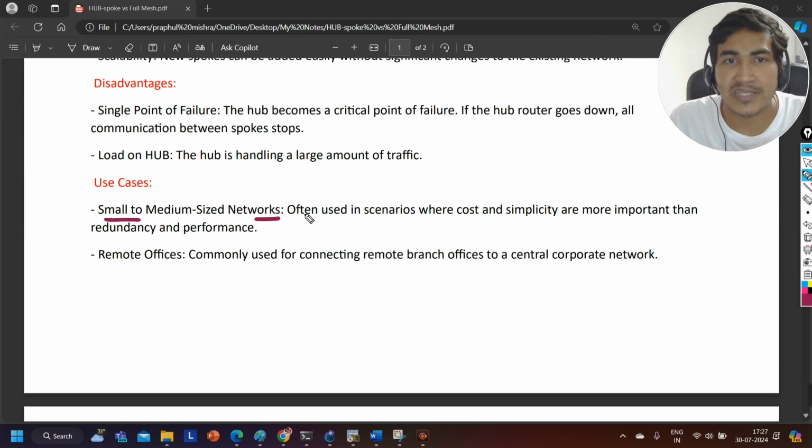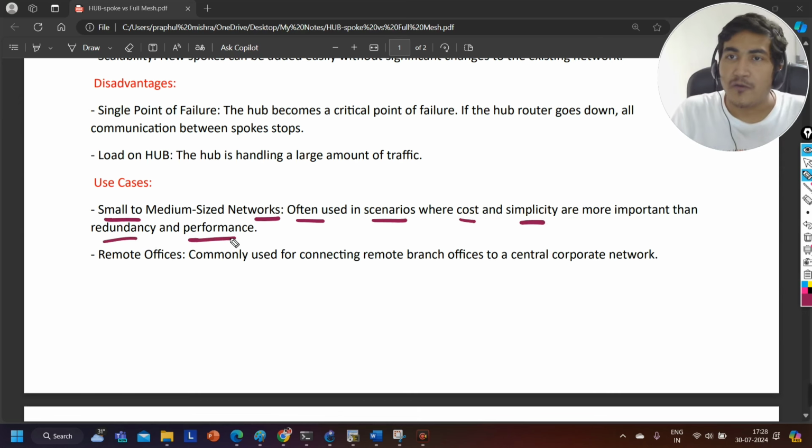A small to medium size network is often used in scenarios where cost and simplicity are more important than redundancy and performance. So for your organization, if cost and simplicity, meaning easier management, is more important than redundancy and performance, then you will use what? Hub and spoke topology.